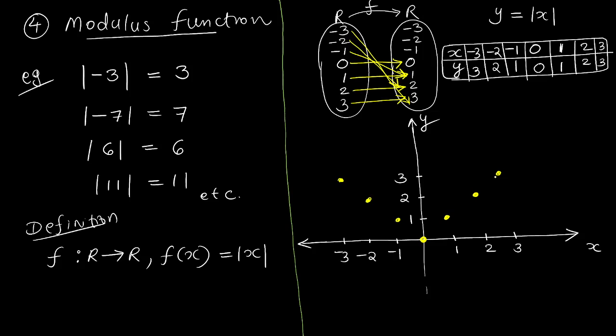And if you include the fractions, they are real numbers. If you include the fractions, you will get more points, like this. Join them. You will get a V-shaped graph. It will be a straight line, okay?